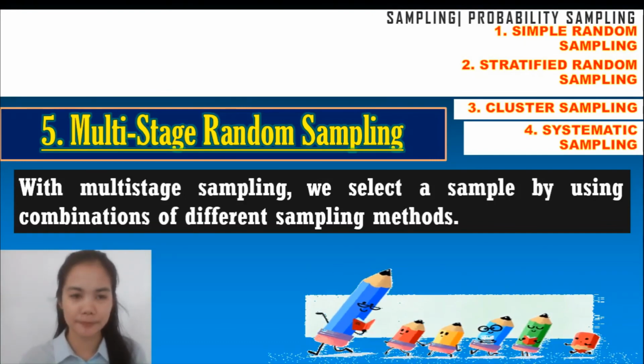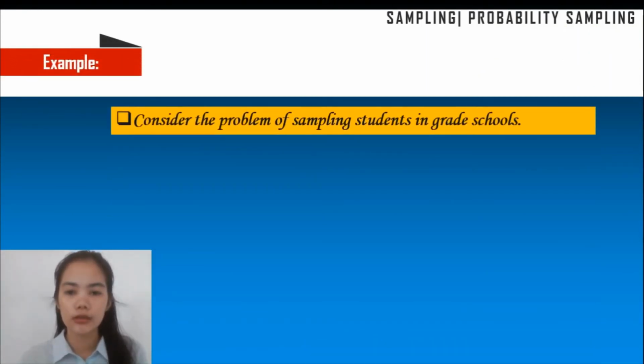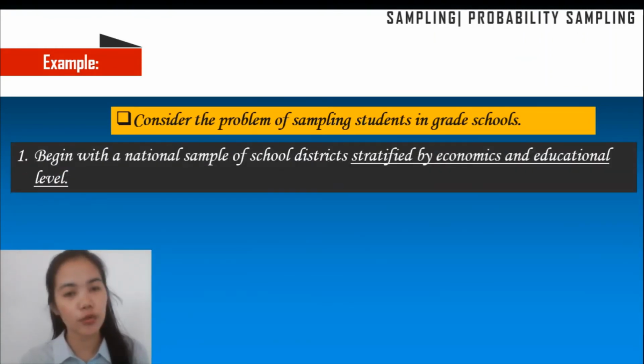For example, we have to consider a problem of sampling students in grade schools. First, we're going to use stratified random sampling. We're going to begin with a national sample of school districts.